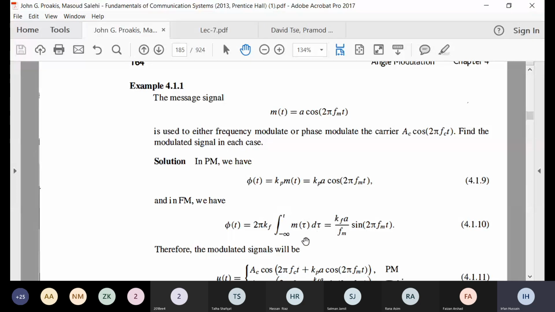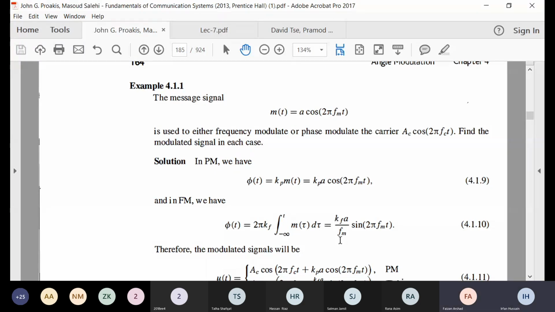It's just simple integration. So you integrate this signal with respect to tau, the independent variable. So cos will become a sine, and this will become a over 2 pi. A remains above 2 pi. fm will come in the denominator. 2 pi cancels, and you have kf a over fm.